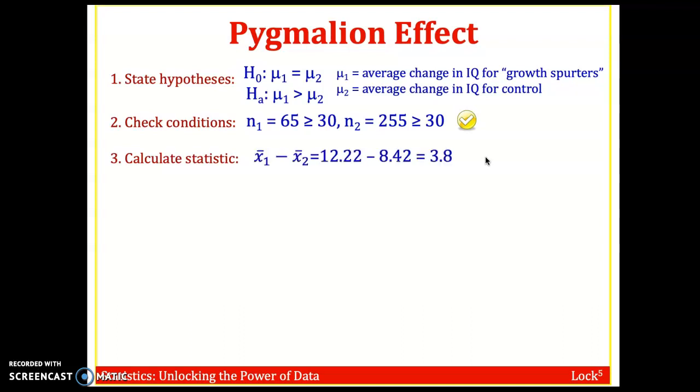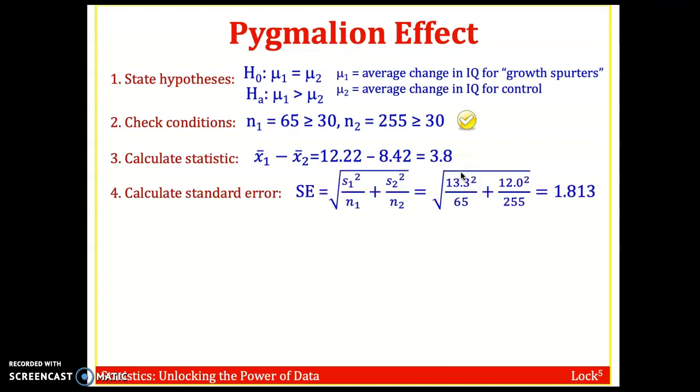So calculating the statistics, the difference in the two sample means is 12.22 minus 8.42 to get 3.8. The standard error formula says to take the square root of s1 squared over n1 plus s2 squared over n2.